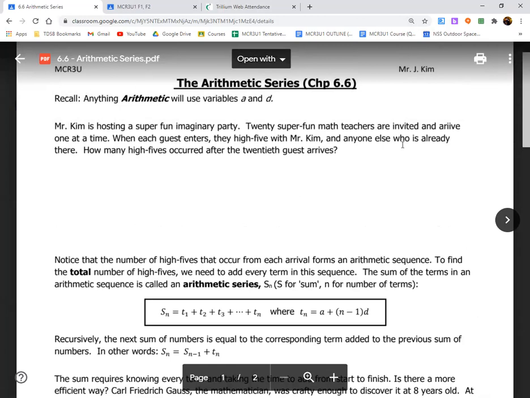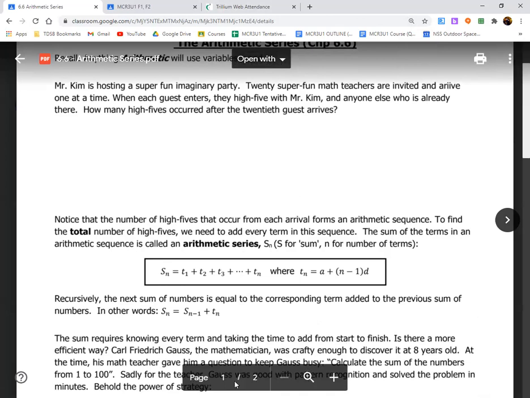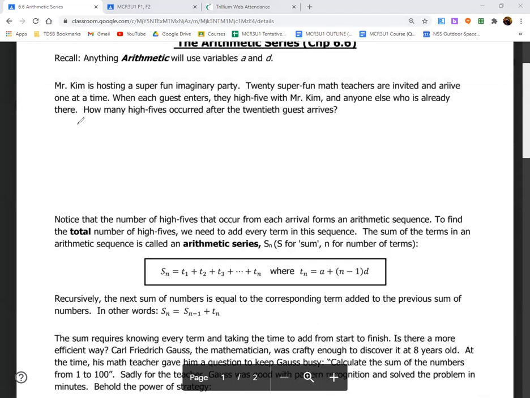Okay, so here's a scenario. I'm going to draw some pictures. Hopefully you're able to visualize it, and from there, it'll make the equation that much easier. Mr. Kim is hosting a super fun imaginary party. 20 super fun math teachers are invited and arrive. One at a time.